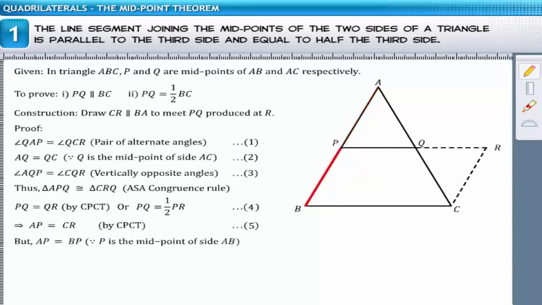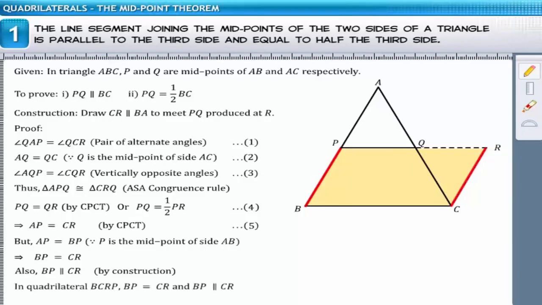This implies BP is equal to CR. Also by construction, BP is parallel to CR. Thus, in the quadrilateral BCRP, we have a pair of opposite sides, BP and CR, that are equal and parallel. This implies quadrilateral BCRP is a parallelogram.